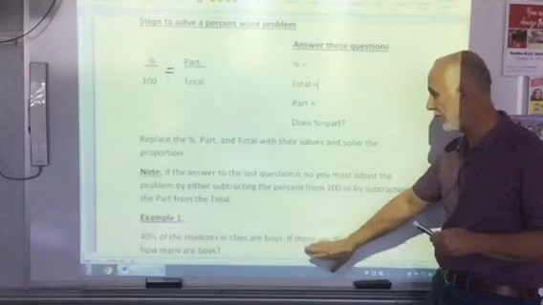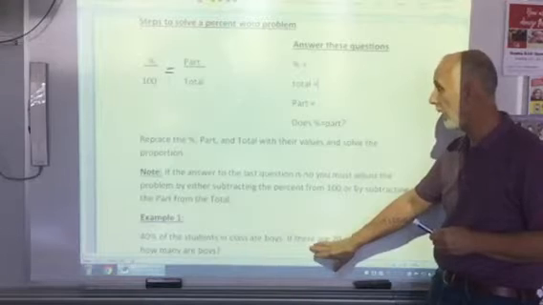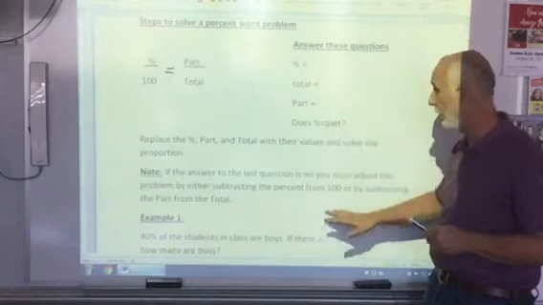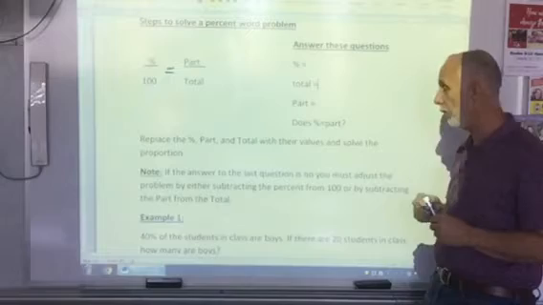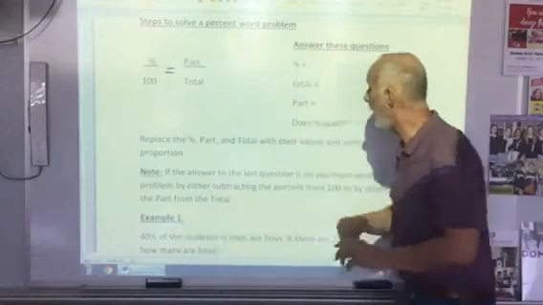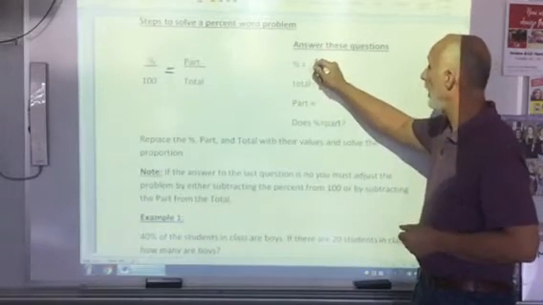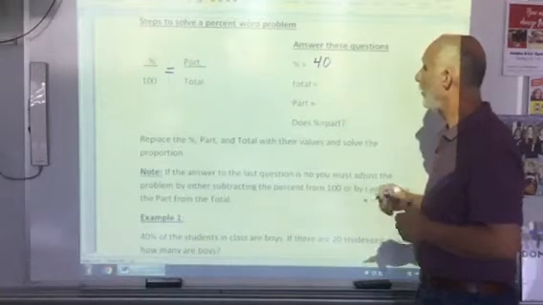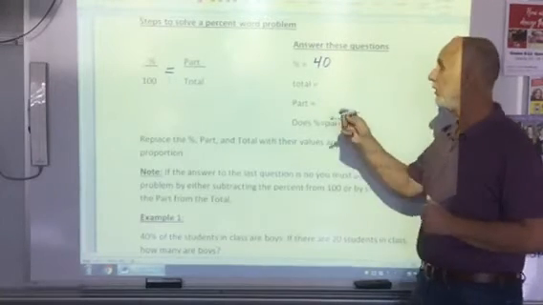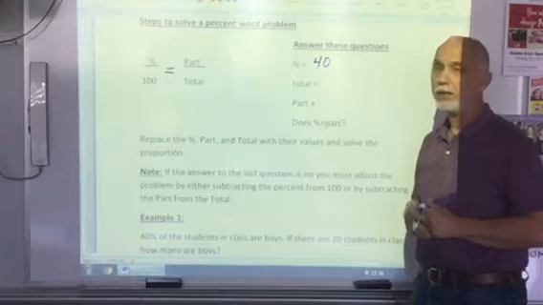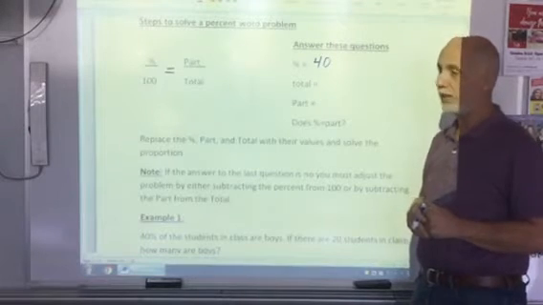So again, if I take this simple word problem and answer these questions, what's my percent is the easiest question. It's 40% because it says 40%. By the way, I recommend that you don't just write down what the percent is, you write down what it stands for.